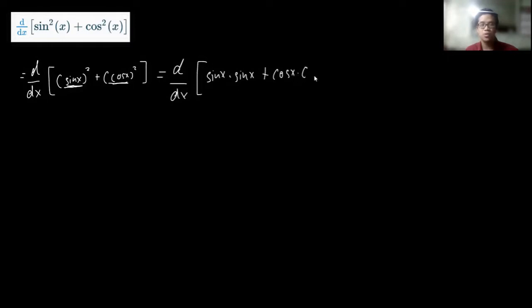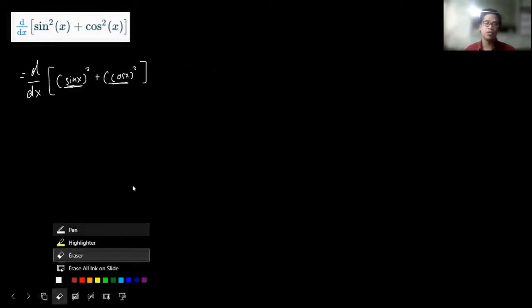You can do this one, no problem at all. But if you have these two terms, you're going to do what? Product rule. So it could be time consuming. So here, since you have an exponent outside, then inside of that is a trigonometric function. So therefore, what you're going to use is chain rule because there's a function inside.